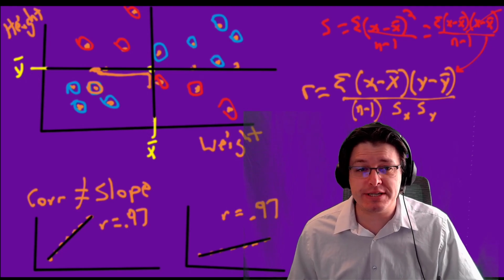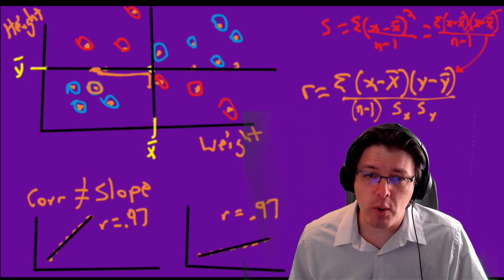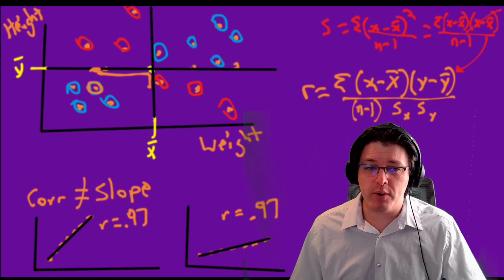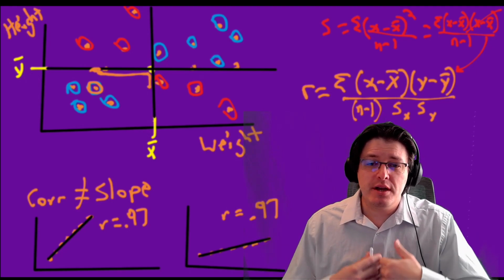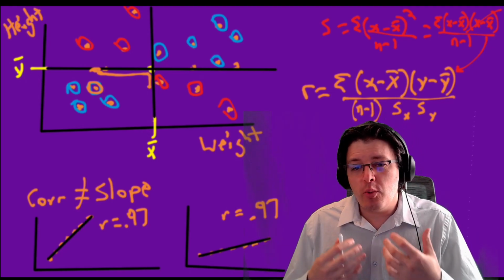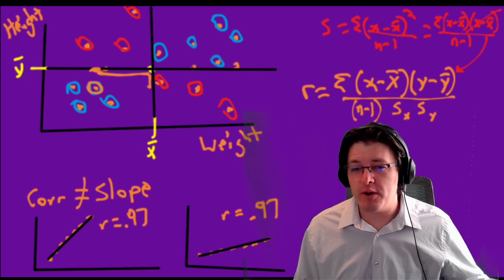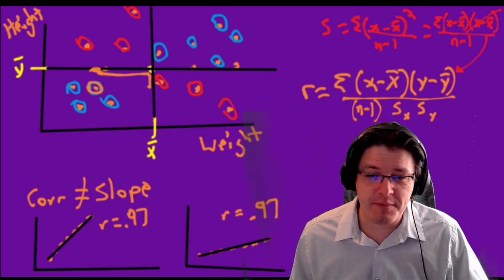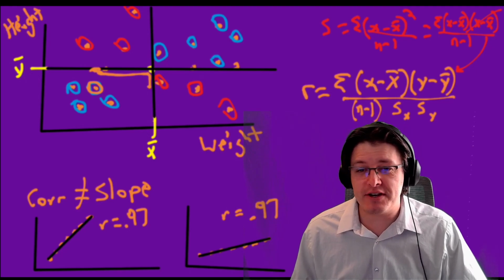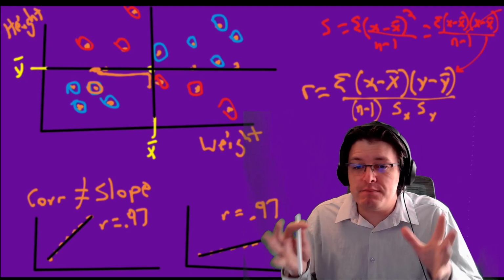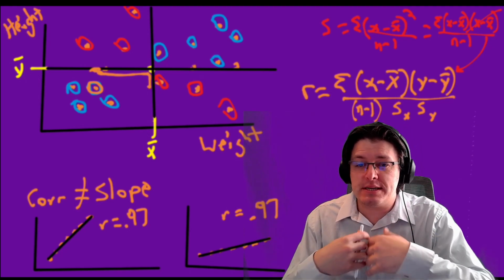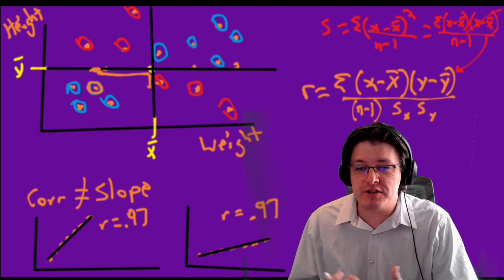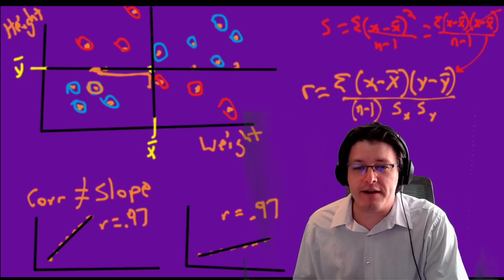You can simply say there's a 0.52 correlation between height and weight. We don't have to say 0.52 correlation if you're measured in inches, and 0.57 if you're measured in centimeters. That won't make sense because it will be the same. If it's 0.52 in inches, it's 0.52 in centimeters.